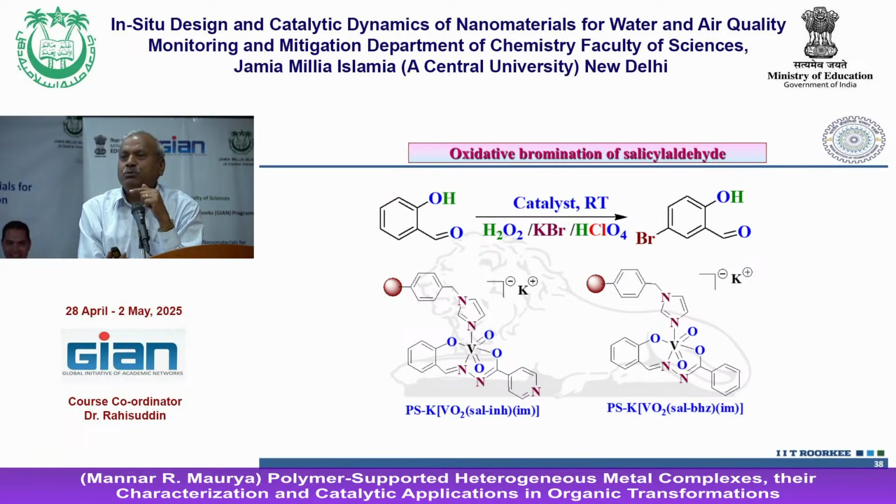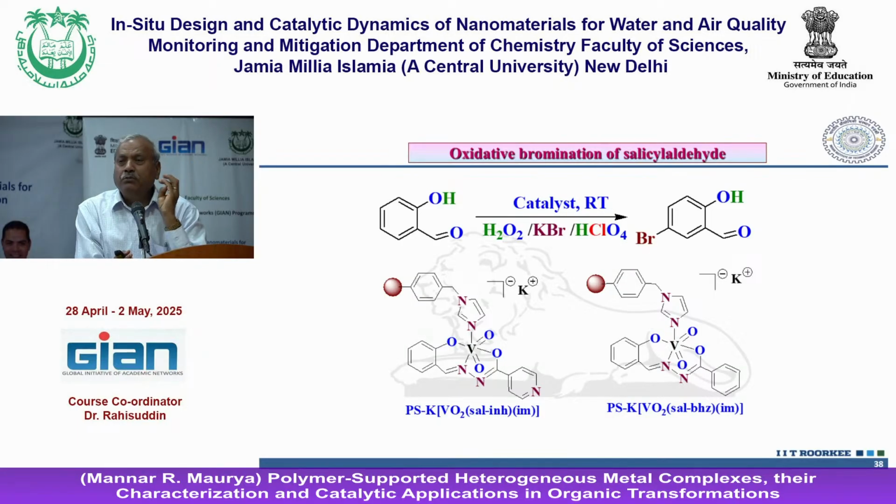I had given this project to an MSc student in the 4th semester as a simple project. Just see if the reaction works or not. See, this is bromination using potassium bromide. One of the very important reactions shown by the enzyme called vanadium haloperoxidase.